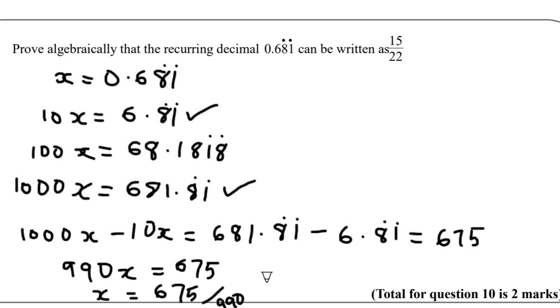And if you simplify this fraction, you can first divide by 5, and then you can divide again by 9. Then you'll be able to reach 15 over 22. And that is our answer.